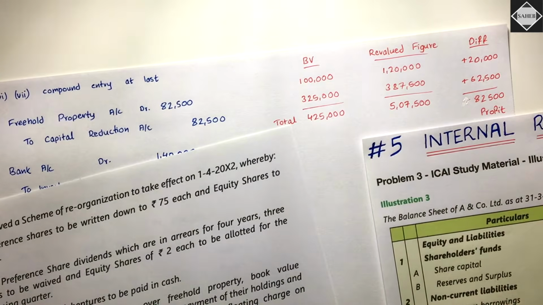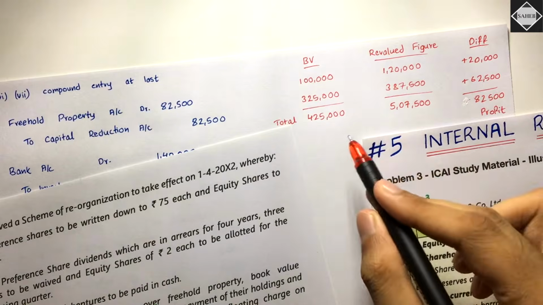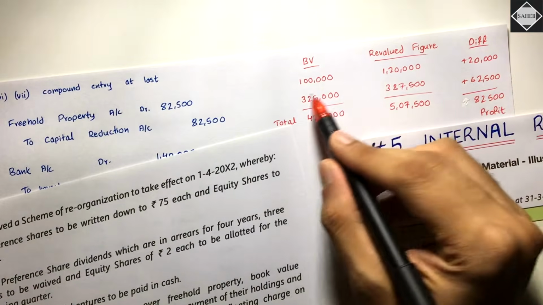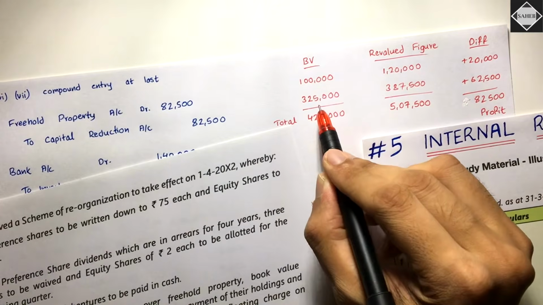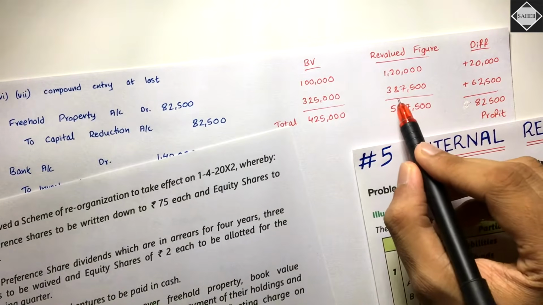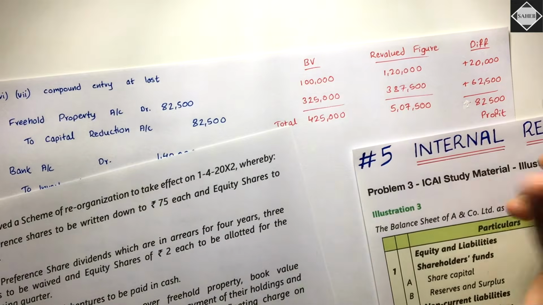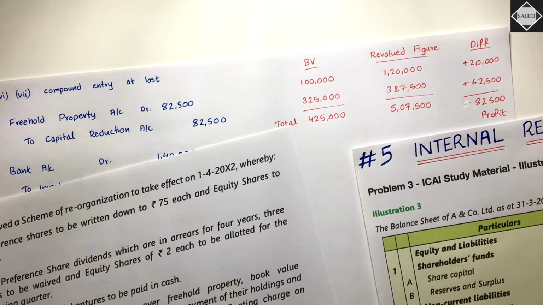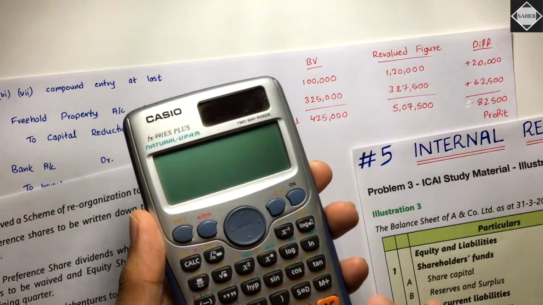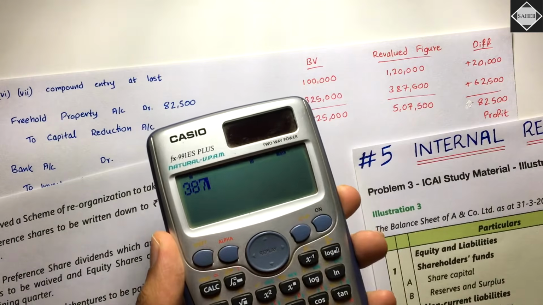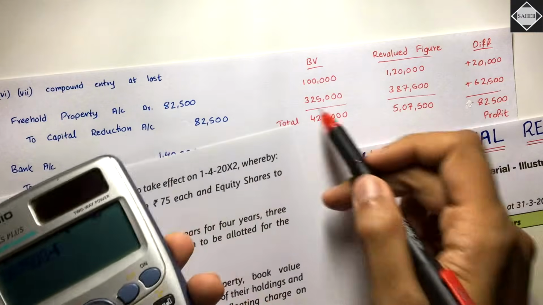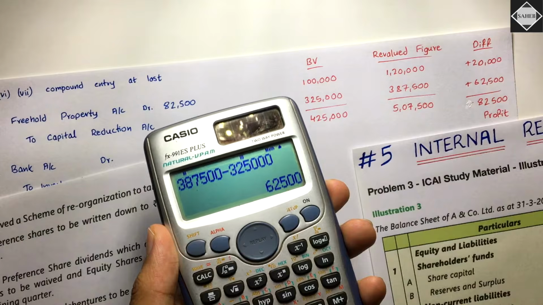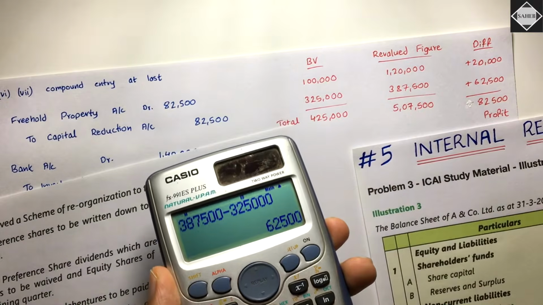It's logical. 4,25,000 was the total amount. 1 lakh was taken away, book value I'm talking about. The remaining is 3,25,000. So this has been revalued upwards to 3,87,500. So what's the revaluation upward? The difference between these two, so that's 62,500. Let's calculate: 3,87,500 minus 3,25,000, the remaining freehold property, equals 62,500 revaluation upward.